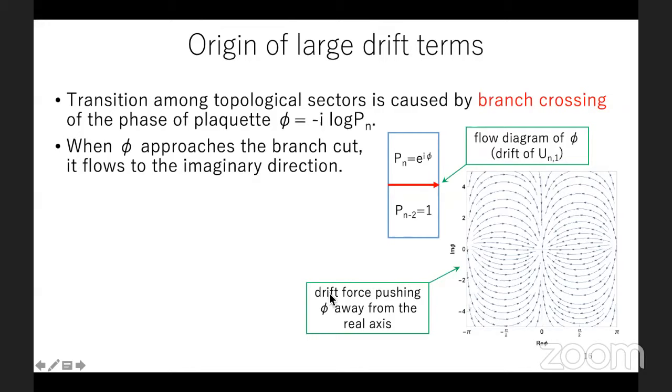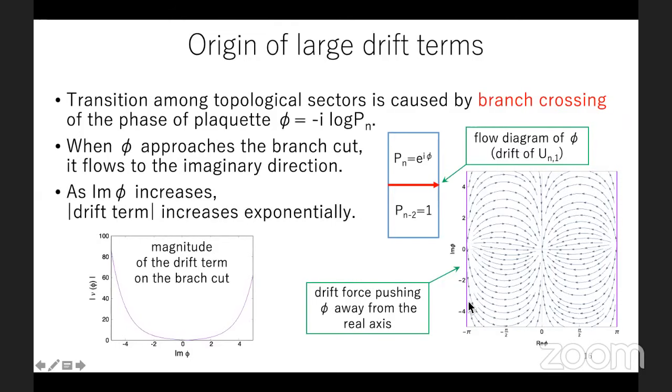This is a drift force pushing phi away from the real axis. So actually, this is a source of non-unitarity. And if we check the magnitude of the drift term along this line, we get this graph. This is a plot of the magnitude of the drift term as a function of the imaginary part of phi. If we go away from the real axis, the magnitude of the drift term increases exponentially.